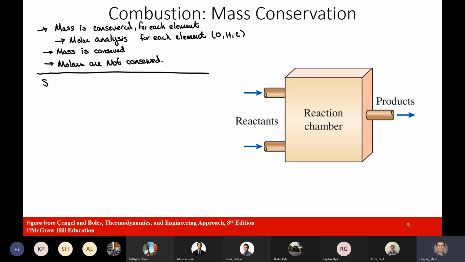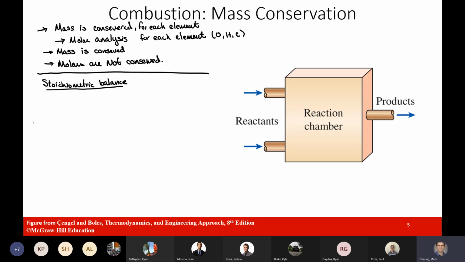And so what we're going to do is we're going to do some chemistry. And so in chemistry, we had a way of doing reactions, and that was looking at our stoichiometric balance. And so we're going to start with the chemistry side of things.